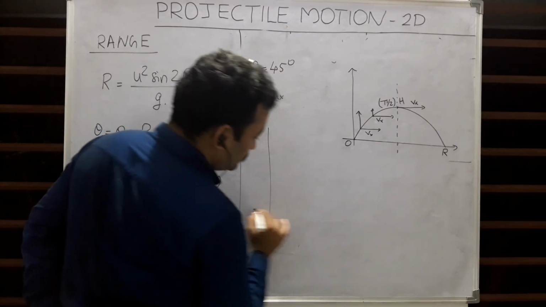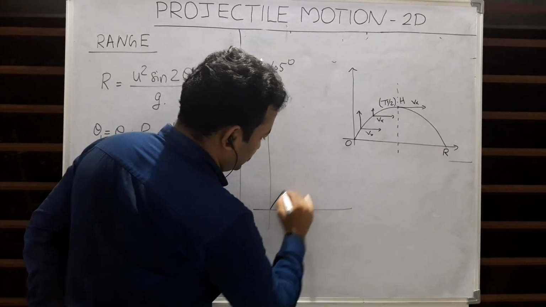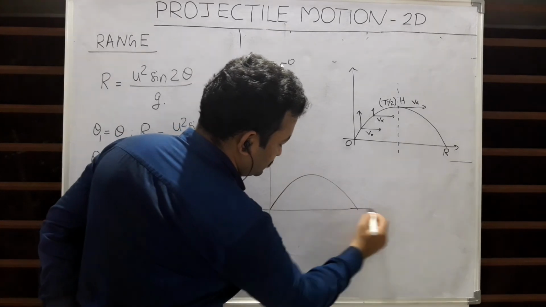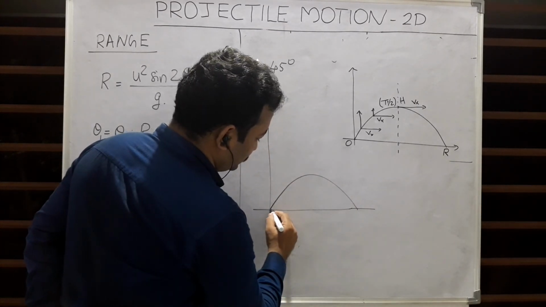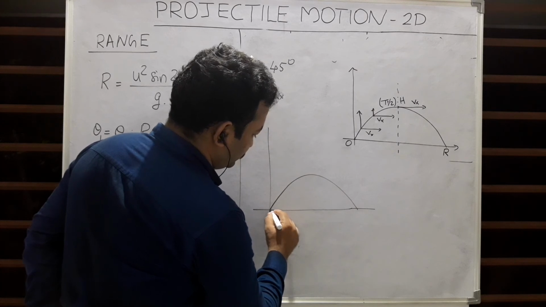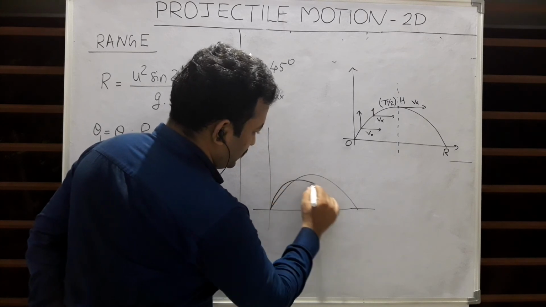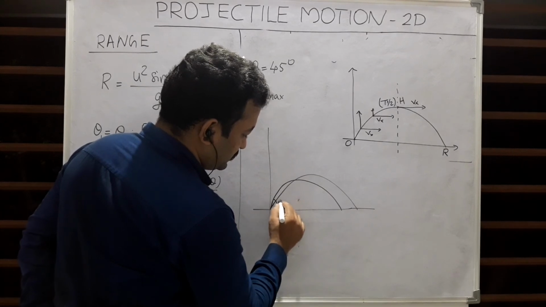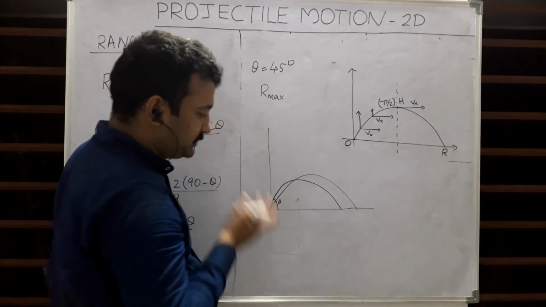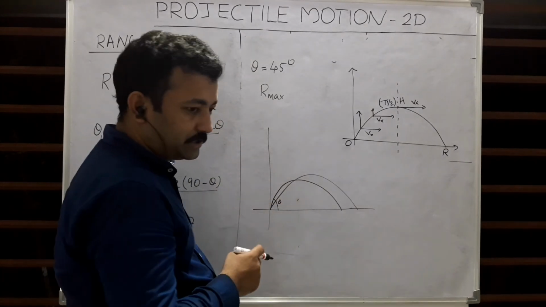Suppose this is the 45 degree range, and suppose I throw a projectile at an angle theta that gives a range like this. Say theta 1 is equal to 60 degree.